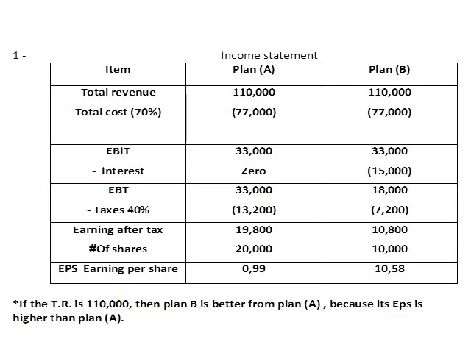The result will be 10,800, divided by the number of shares, which is 20,000 shares in Plan A and 10,000 shares in Plan B. So the EPS for Plan A will be equal to 0.99 and for Plan B equal to 10.58, which means Plan B is better in the first situation, in which the total revenue is equal to 110,000, because its earning per share equals 10.58, which is higher than 0.99, which is the EPS for Plan A.